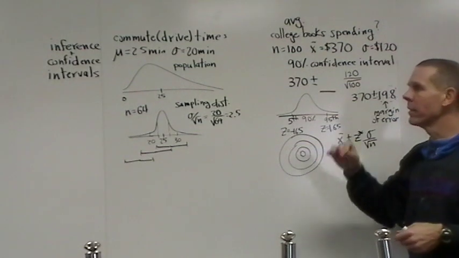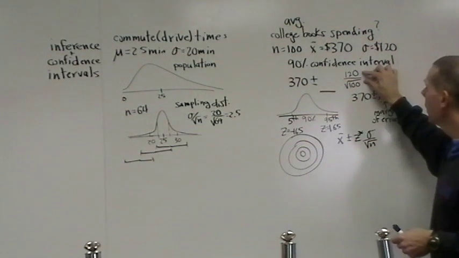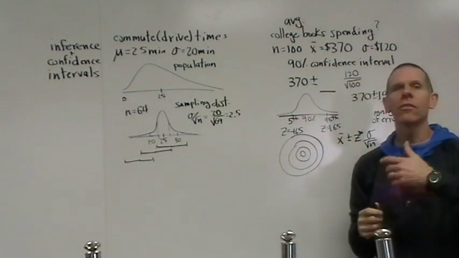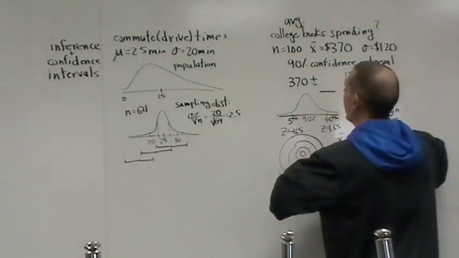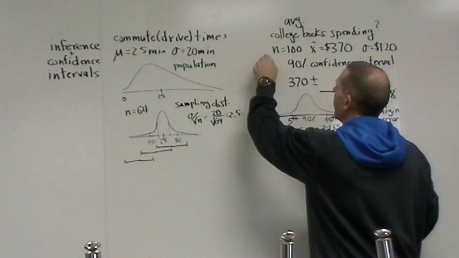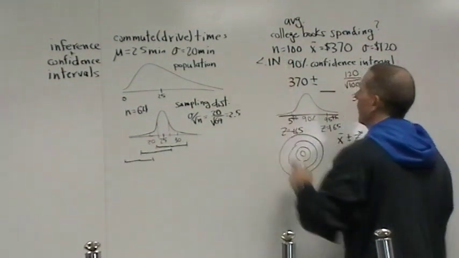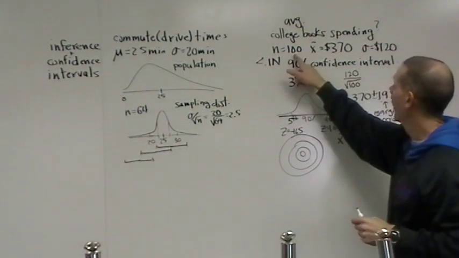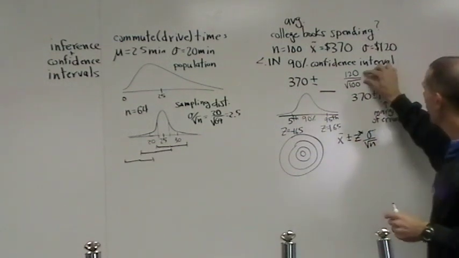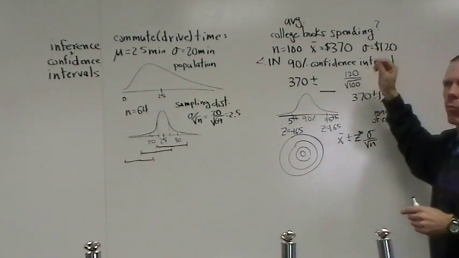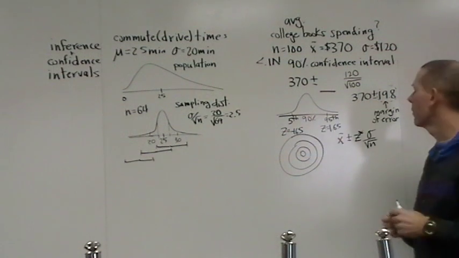I also need to make the assumption that I can use this formula only under the conditions that I took a small sample. So as long as my sample size of 100 is less than 1/10 of the population size, so as long as there's 1,000 college students out there, and I'm pretty sure that's true, then I am justified in using that formula for the standard deviation of the sampling distribution.